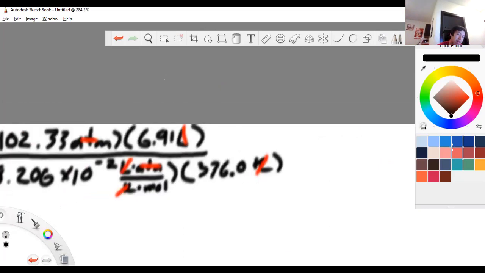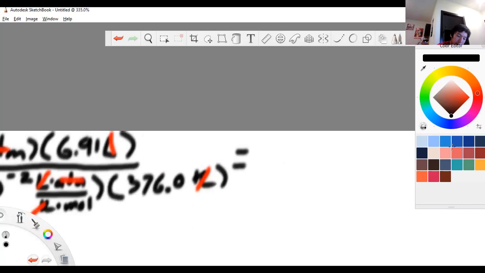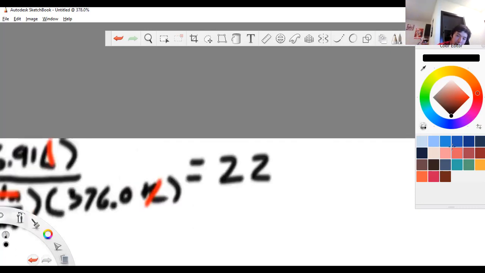Now we just plug everything into a calculator. And because there's 3 sig figs, we end up with 22.9 moles.